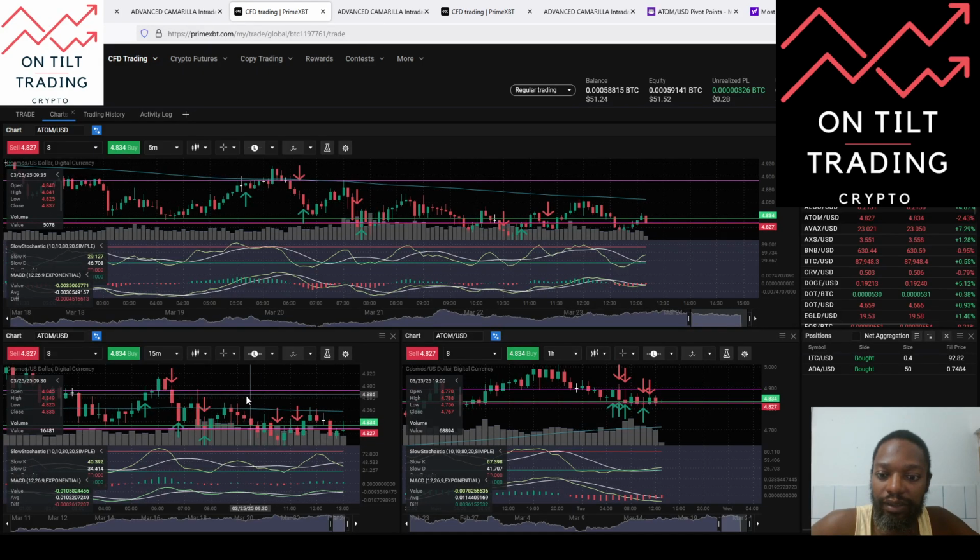My targets and the Camarilla pivots are based off of the daily, which I don't keep up. I don't keep a chart up just because intraday is too large of a time frame for me to get reliable information. So for this, I just use these 3 time frames to give me the information that I need from my system.